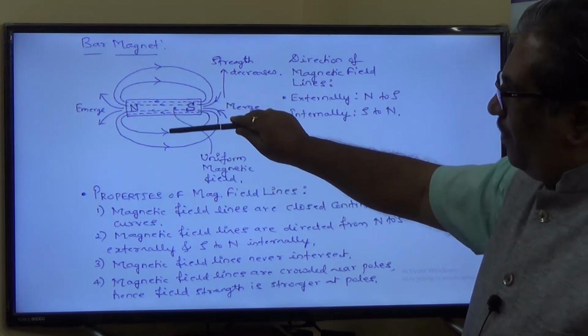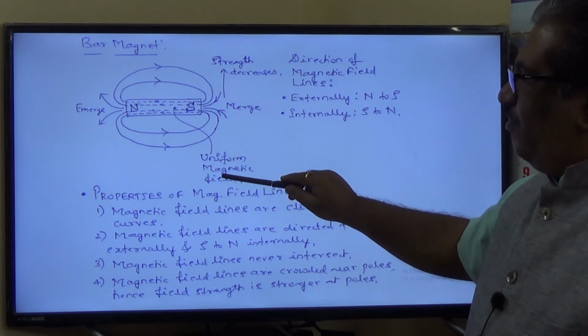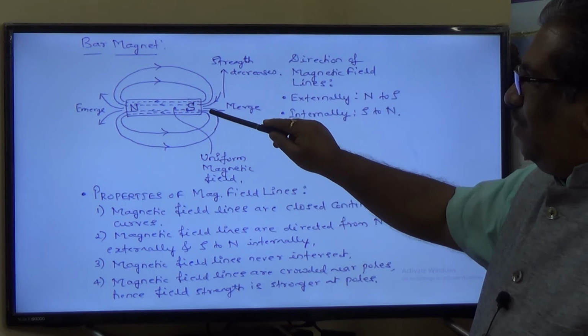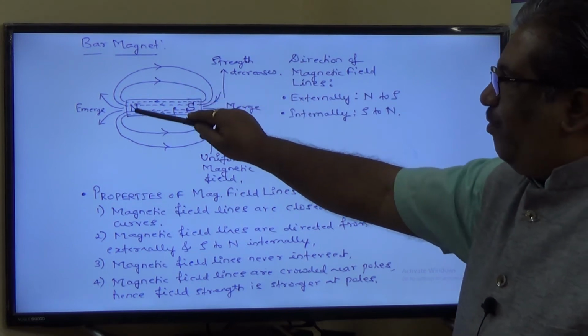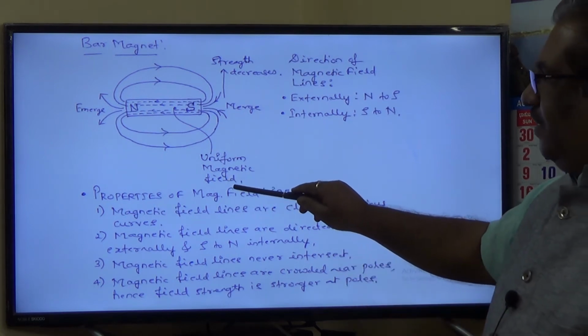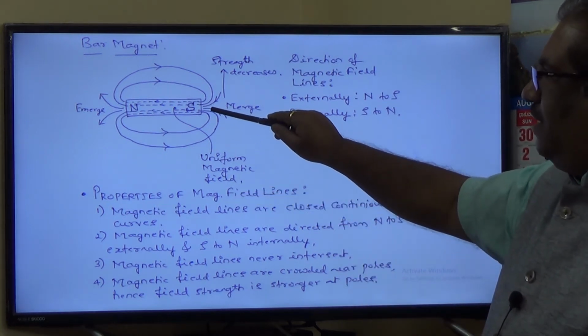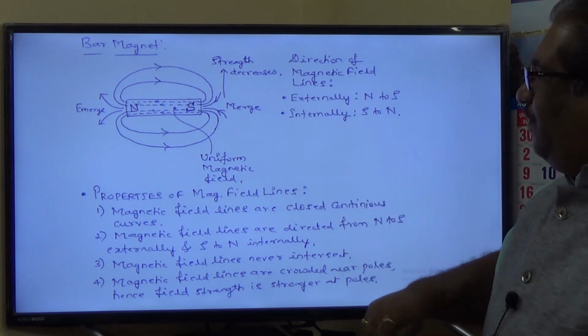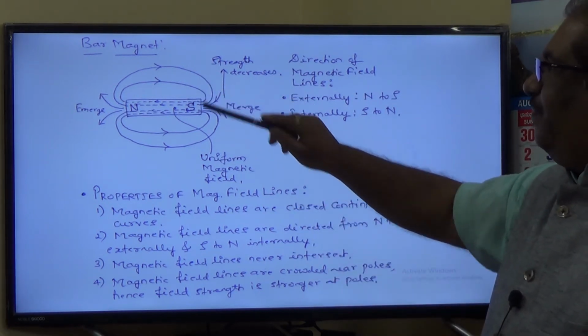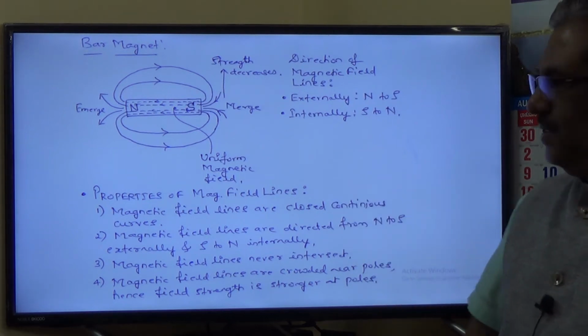As we move away from the bar magnet, the magnetic field strength decreases. And also the density of the field lines is an indication of the magnetic field strength. The closer or denser the field lines, the stronger the magnetic field. The rarer the field lines, the weaker the magnetic field strength.